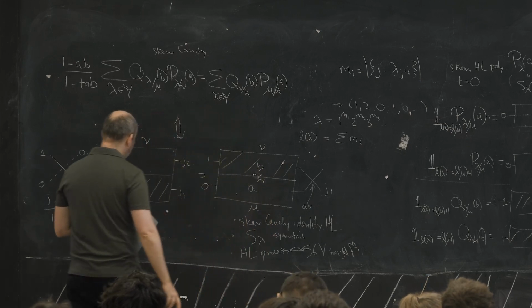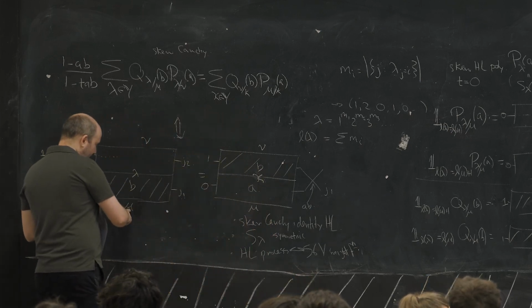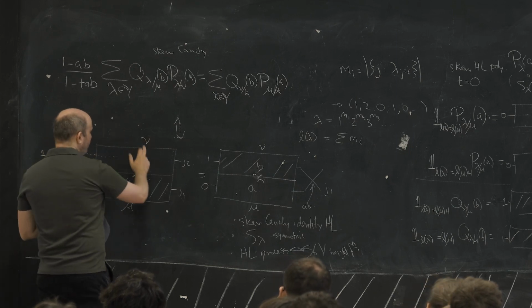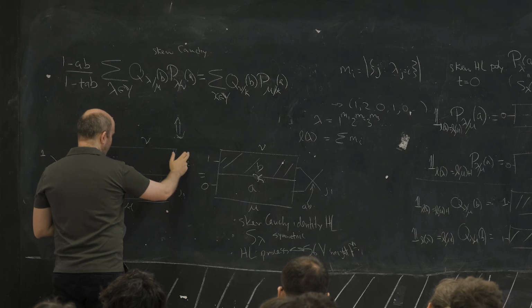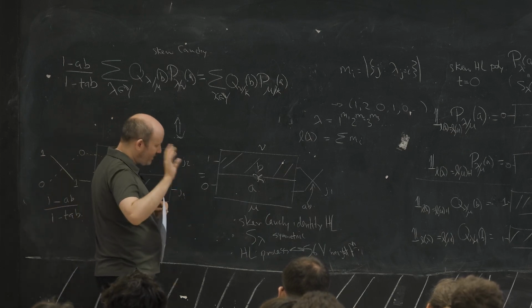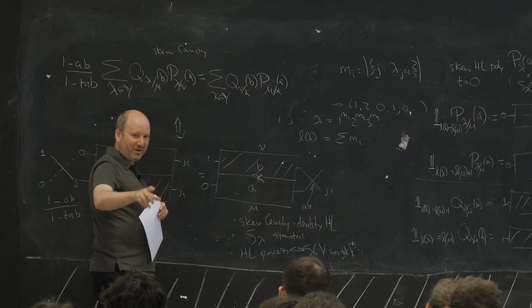Another way of saying this is if I fix my value of lambda here, that will fix for me what the values of J1 and J2 are. Yeah, I should have made this point clear.